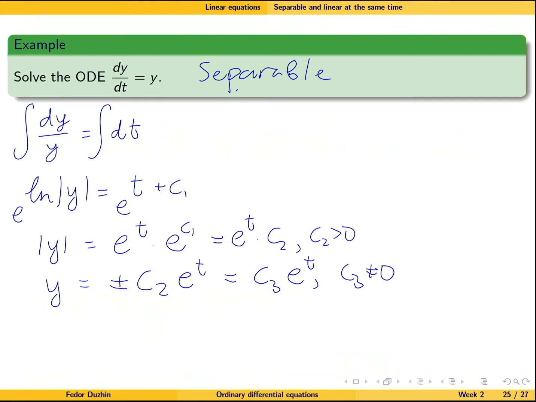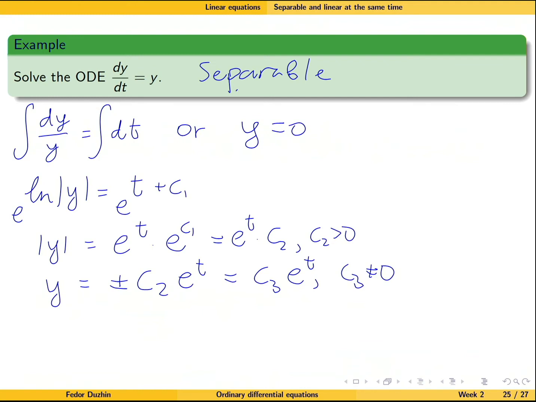So is it all? So is it true that any solution can be written in the form any non-zero constant times e to the t? Well, not yet. This is because initially, when we separated the variables, we divided by y. But y may also be 0.